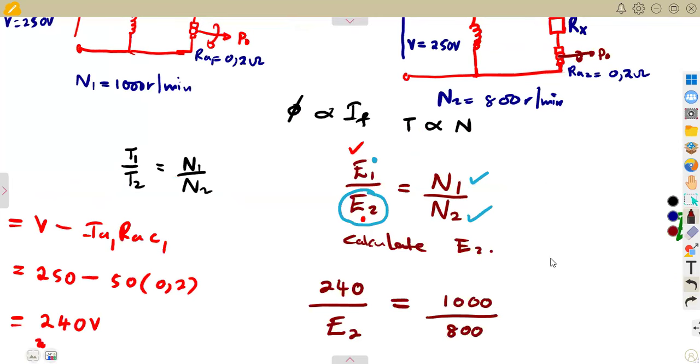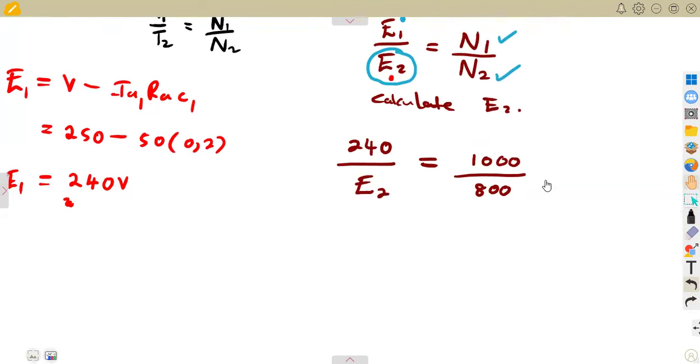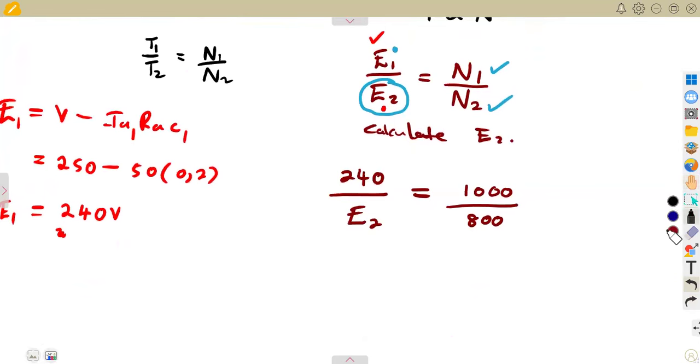Remember the previous case, we were given a relationship that N2 is a certain percentage of N1, where you need to use a certain relationship. In this case, it was a straightforward question. If you cross multiply, that is E2 times 1000, so 1000 E2 is equal to 800 times 240.